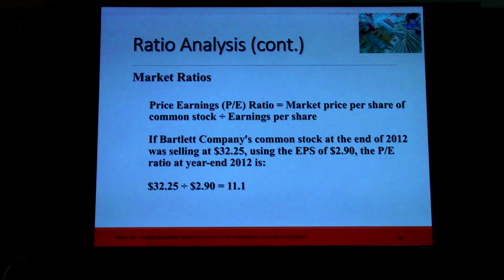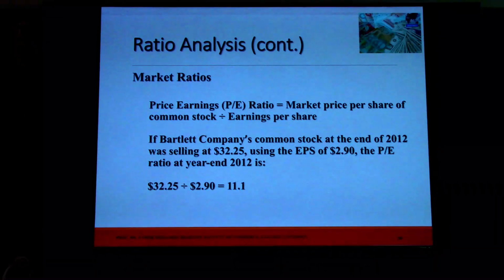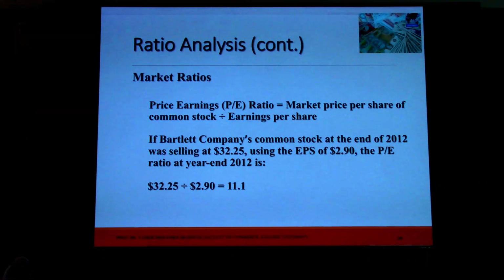One of them is called price earnings, the PE ratio. The PE ratio is equal to the market price per share of the common stock divided by the earnings per share.